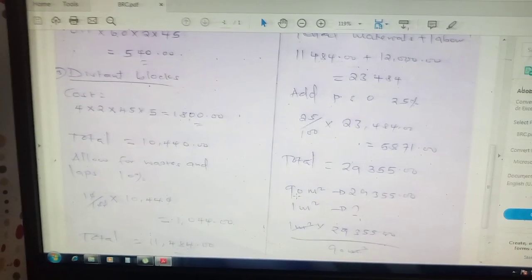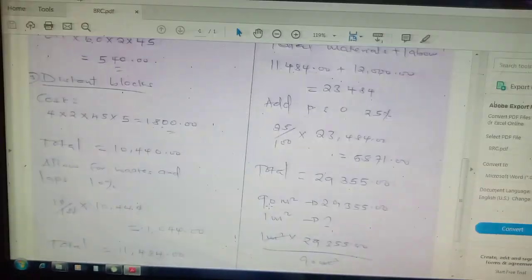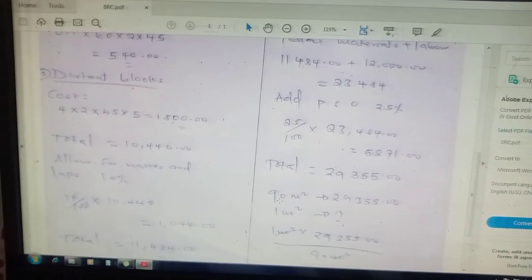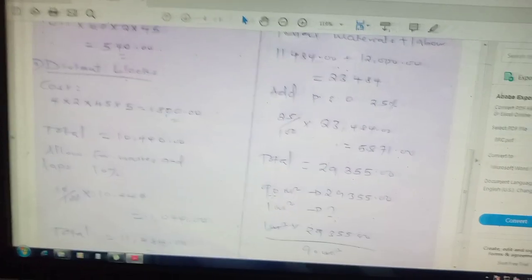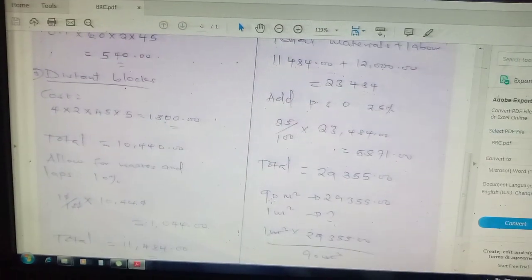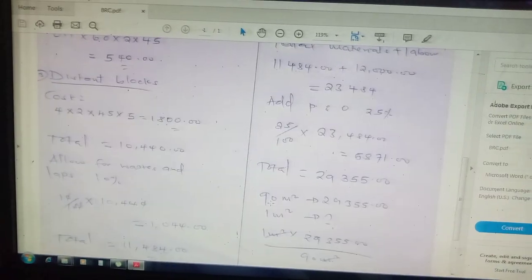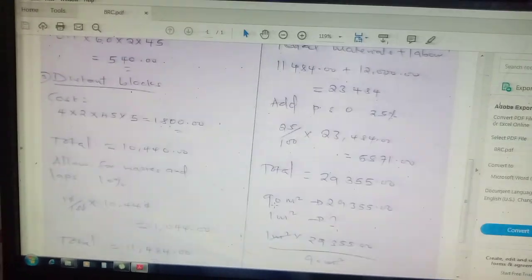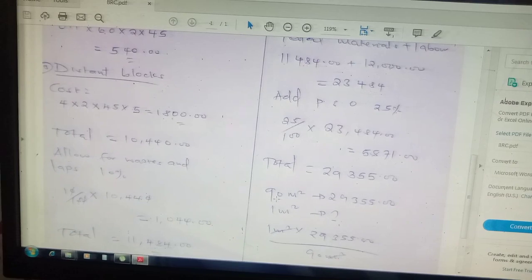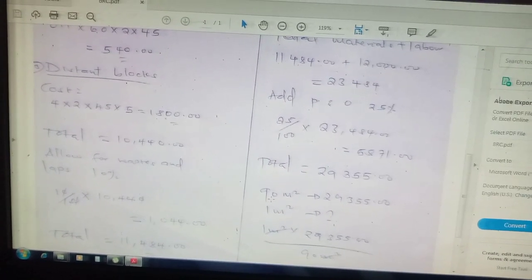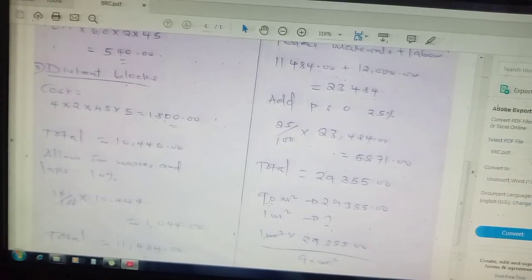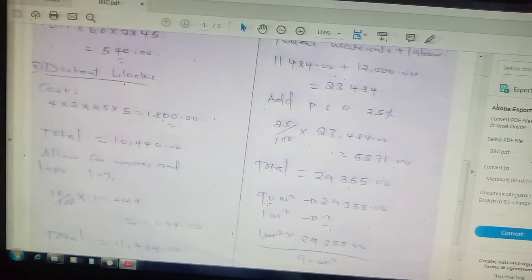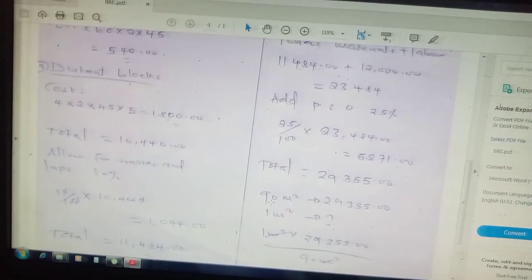Then after that, you then allow for waste. So remember, we had discussed various types of waste. For this, when you are fixing BRC, at one given point, you'll have to cut the BRC so that it can fit the area that you want it to be laid in. So you must cater for the cutting waste and the laps. The laps are the end laps and the side laps.